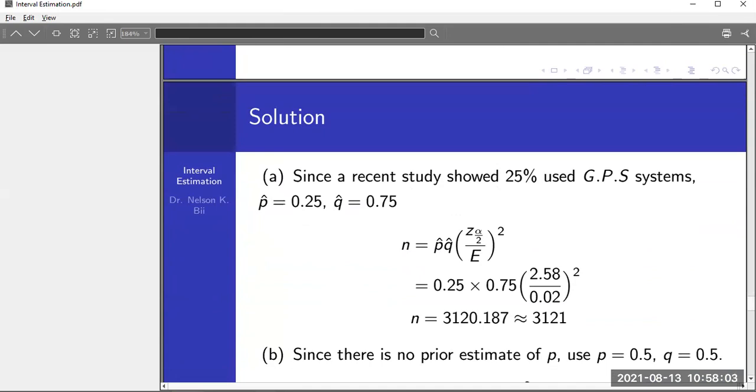So 25% is the sample proportion with the characteristic of interest. That's P. So Q is given by 1 minus the proportion with the characteristic of interest, so 75% do not have the characteristic of interest, that's GPS systems in this case.